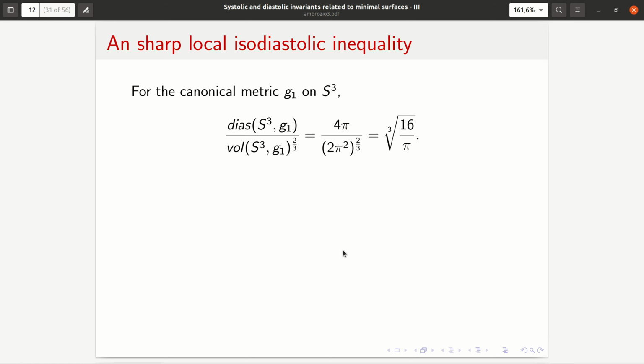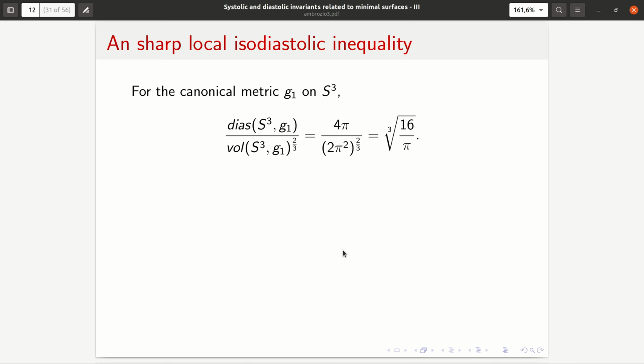Okay, so we have seen a class of metrics for which there is an upper bound for the normalized diastole, namely the class of boundaries of convex domains in R4. And we have seen another class of very nice metrics, homogeneous metrics with positive curvature, for which the supremum of the normalized diastole is plus infinity.